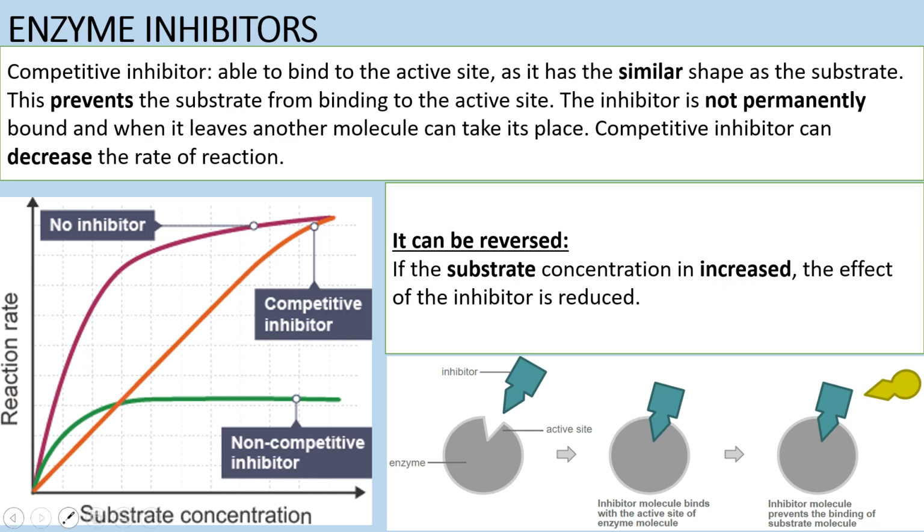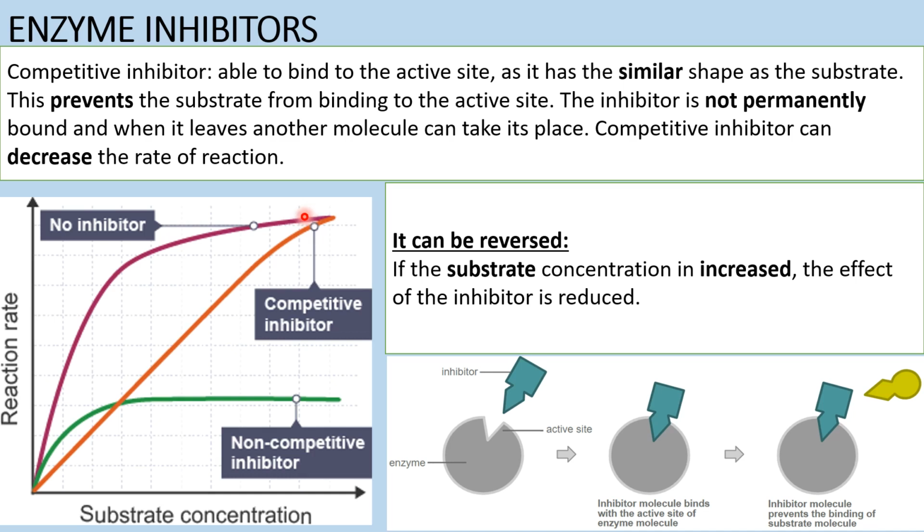Looking at this graph here, we have rate of reaction and substrate concentration. I want us to focus only on two of the lines. The first one here shows the rate of reaction in which there are enzymes, but no inhibitor. As you can see, the rate of reaction increases, and this around here is the maximum. This is the maximum rate of reaction. I want us to understand, what does that even mean?